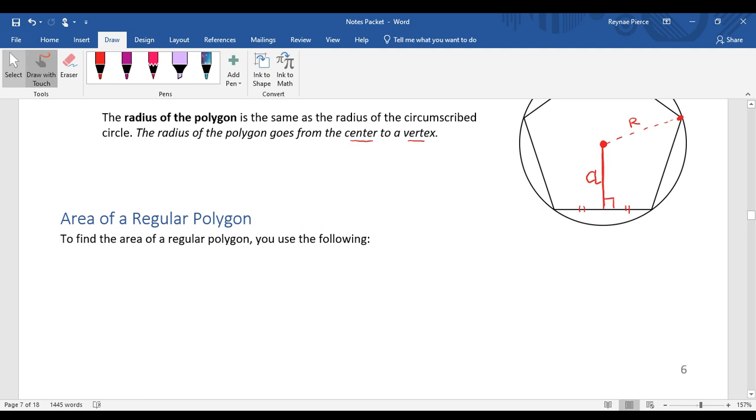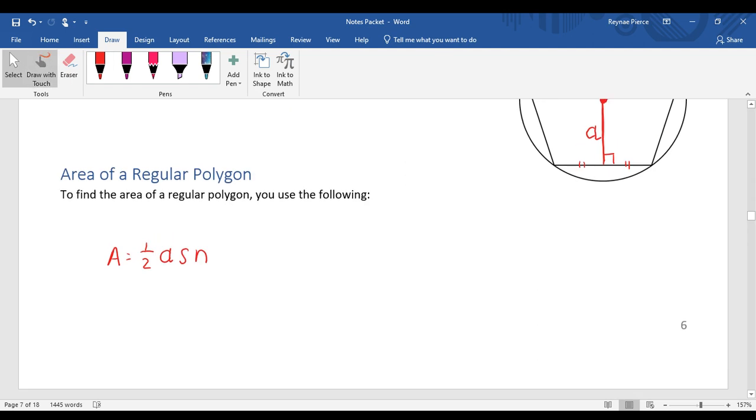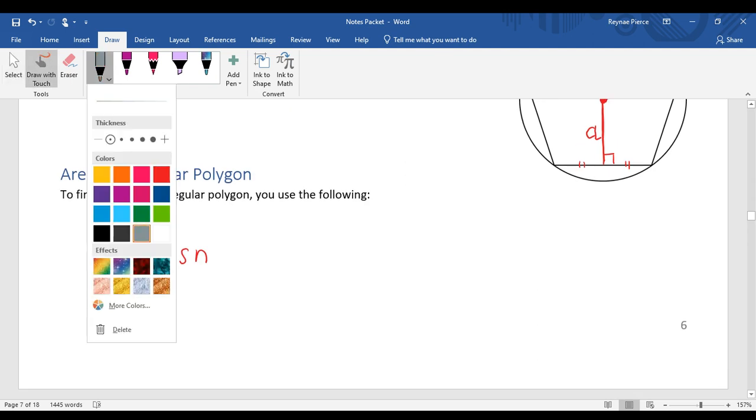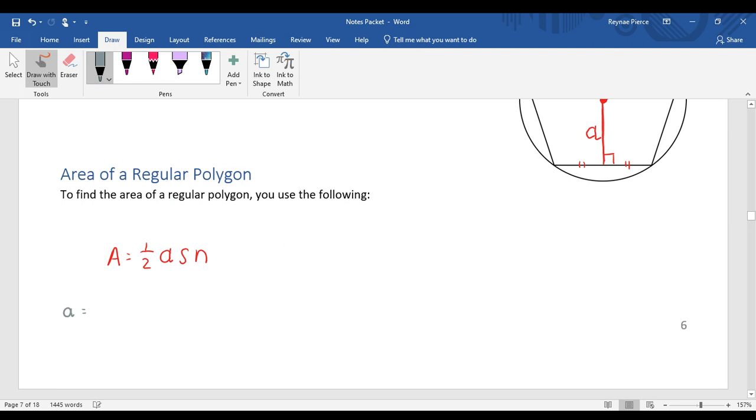And then here, to find the area, we're going to do 1/2 ASN. A being the apothem, S being the side length, and N being that number of sides.